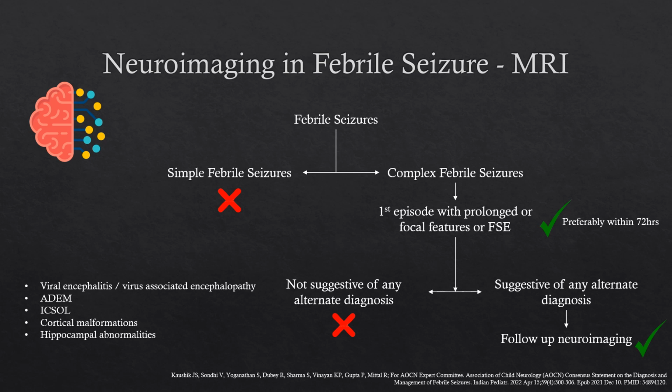What we need to know here is why we are doing the neuroimaging. We are doing the MRI to look for viral encephalitis or virus-associated encephalopathy, acute disseminated encephalomyelitis, whether there is any intracranial space-occupying lesion, whether there are any cortical malformations, or whether there are any hippocampal abnormalities which have had correlation with future development of mesial temporal sclerosis or medial temporal lobe epilepsy.